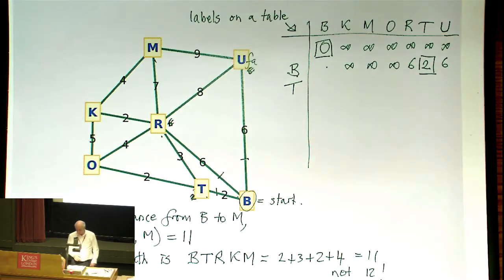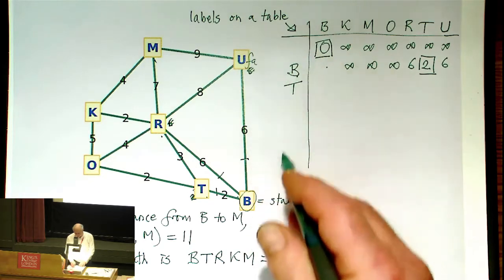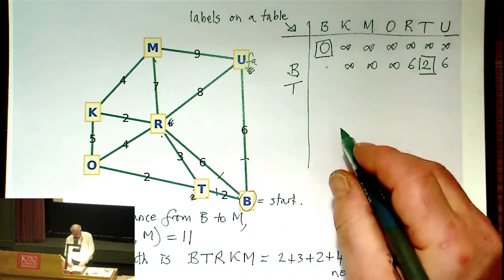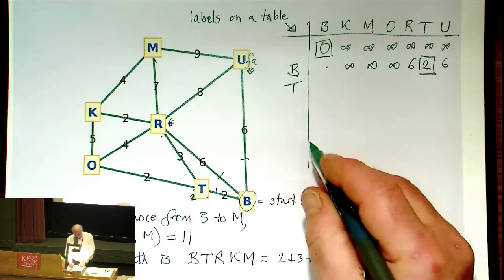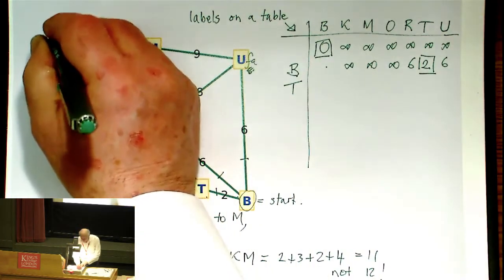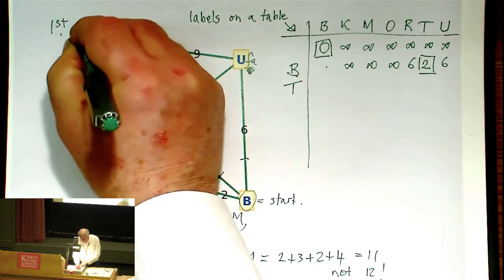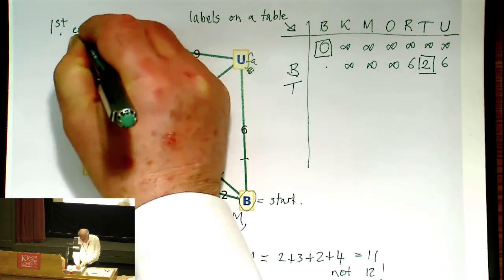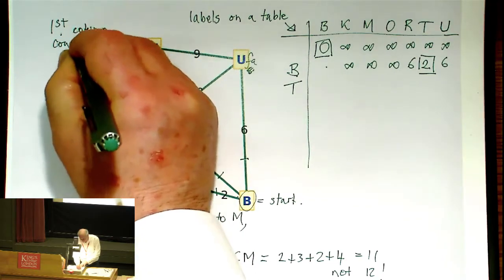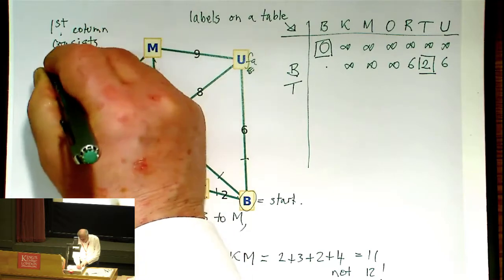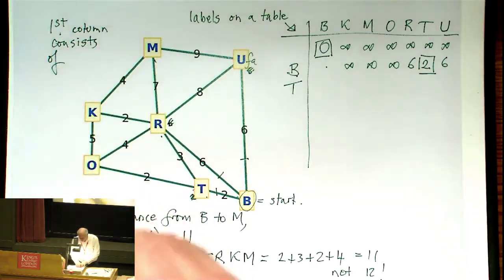So these vertices on the left are called the permanent vertices. The first column here consists of what are called the permanent vertices, for which we know the correct shortest distance.